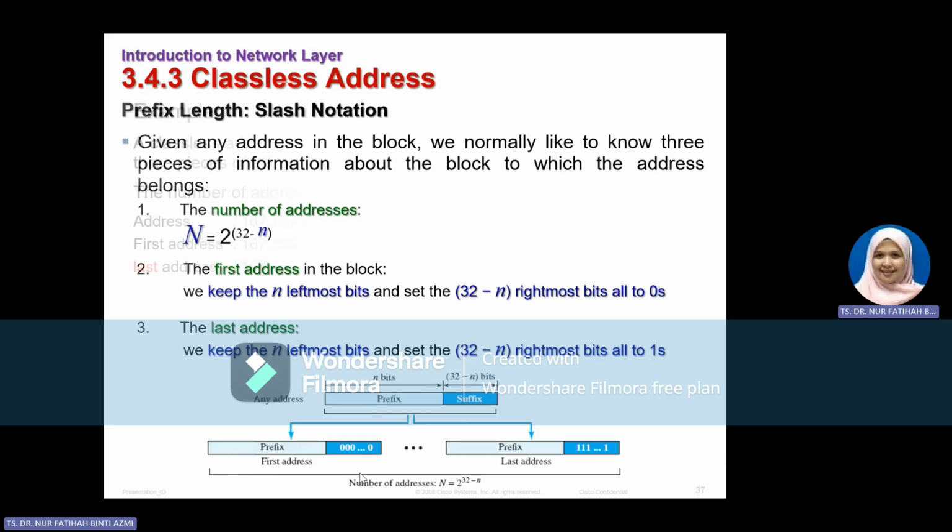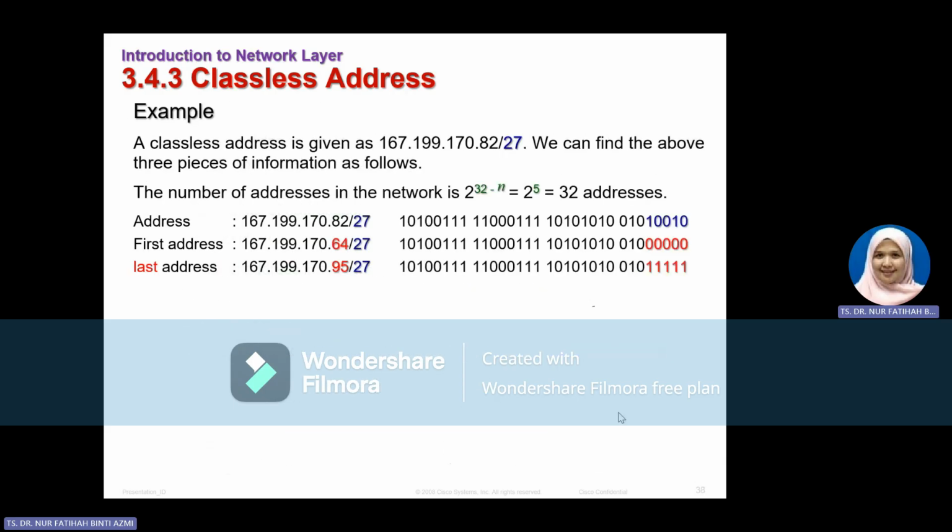Let's see an example of the concept of classless addressing. We are looking at the network address 167.199.170.82 slash 27.